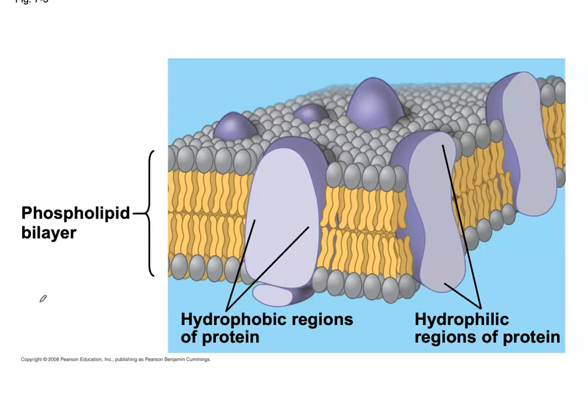The basic rule is like dissolves like. Something that is polar will dissolve other things that are polar. Something that's nonpolar will dissolve other things that are nonpolar. If you mix them up, it's like mixing oil and water. So in order for the protein to be embedded, the layer that interacts with the tails is going to be hydrophobic, and the inside part is going to be hydrophilic, so that it can allow hydrophilic material to go in and out.